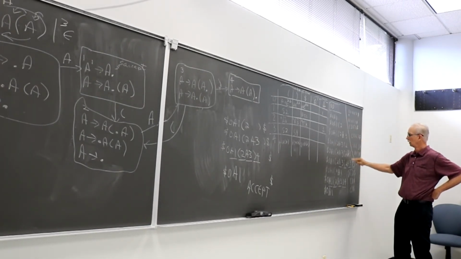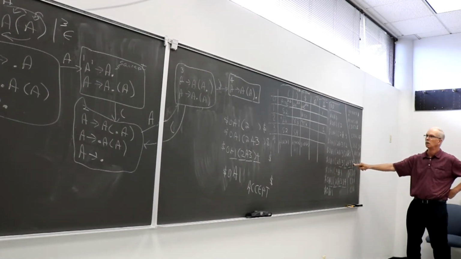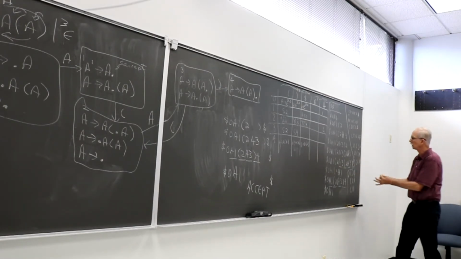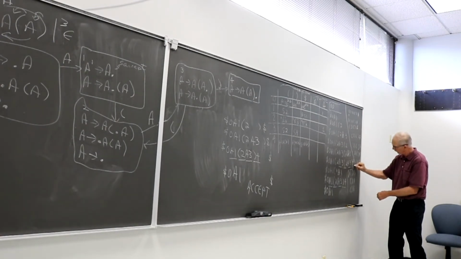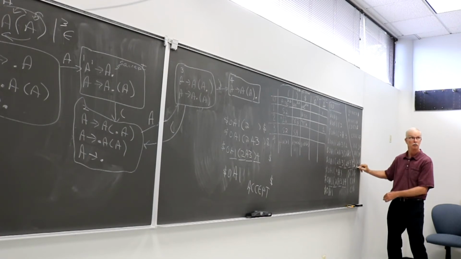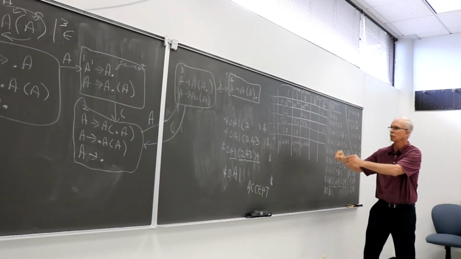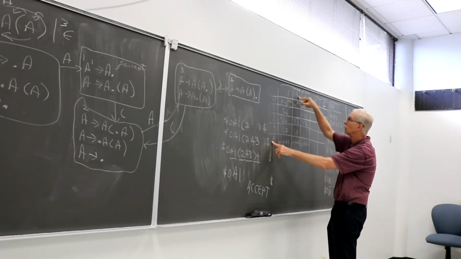No. Yes. There. So 4 says take everything else. So I'm looking at the 4 and the right paren. I always look at two things because I'm doing a table lookup. So 4 right paren.